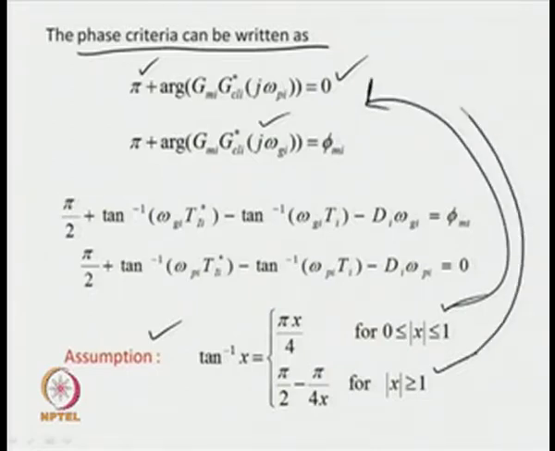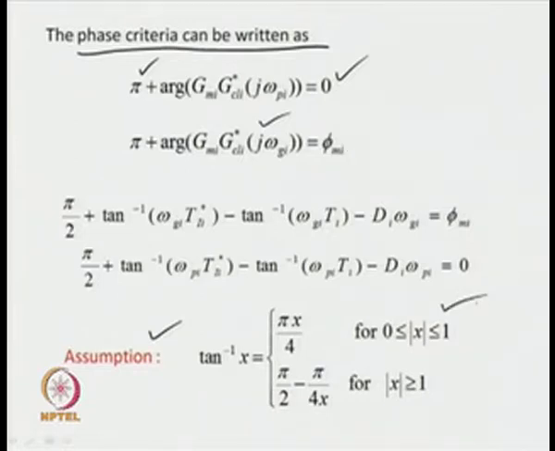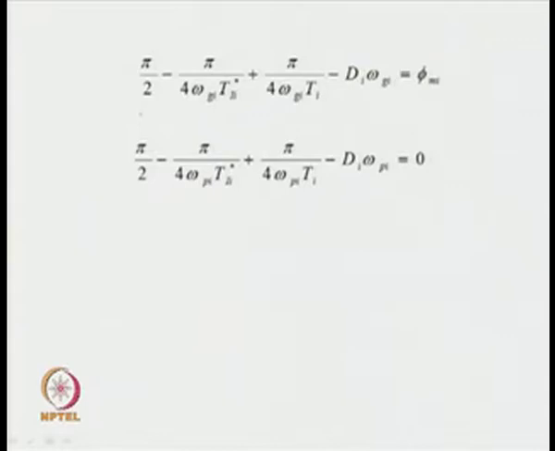This is used in the phase criteria. Obviously, one can get the simplified expression: pi upon 2 plus tan inverse omega g_i T_i star minus tan inverse omega g_i T_i minus d_i omega g_i is equal to phase margin. Now, one can substitute the tan inverse function over here, which will result in an expression of this form.